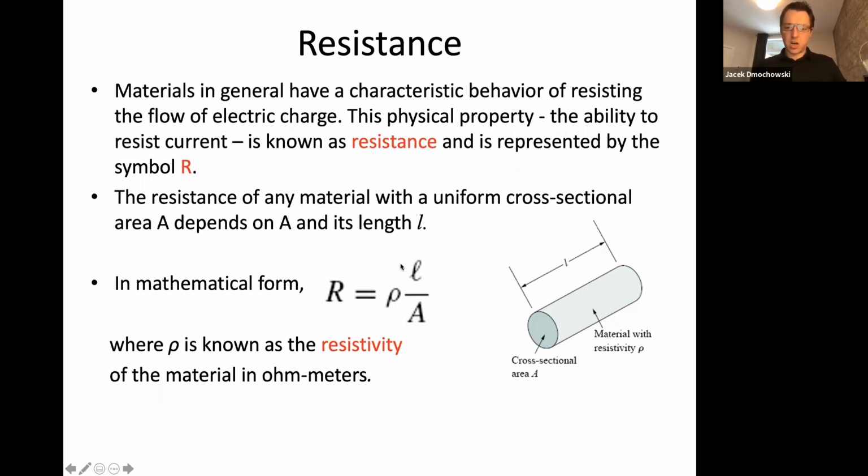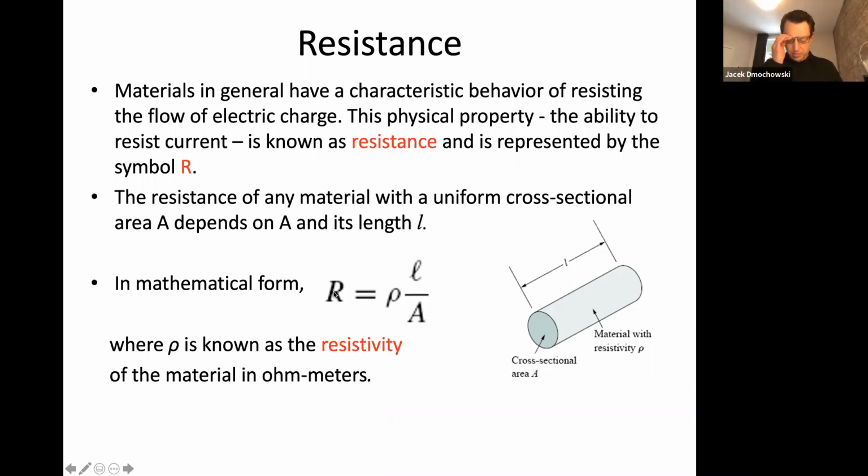And the longer that wire is, the more the resistance of that wire. So if you double the length of the wire, you're doubling the resistance. On the other hand, if you double the cross-sectional area, you're halving the resistance.